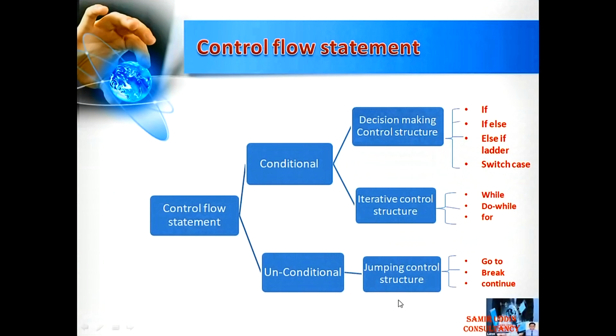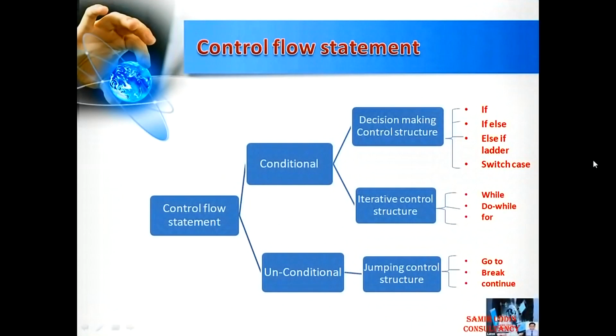In decision making control structure we have if, else if ladder and switch case. In iterative control structure, we can use while loop, do while loop and for loops. In jumping control structure, we can use goto, break and continue keywords.